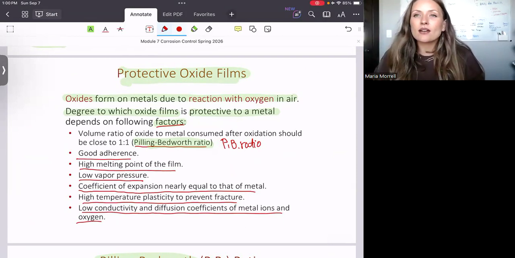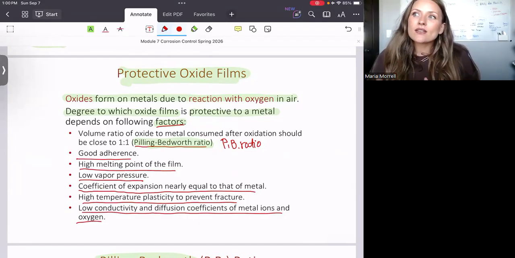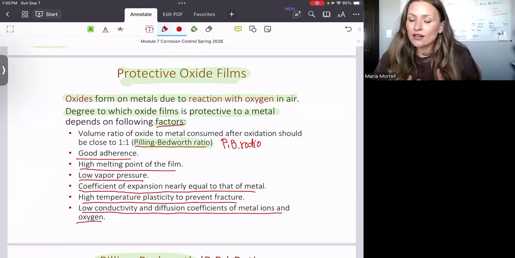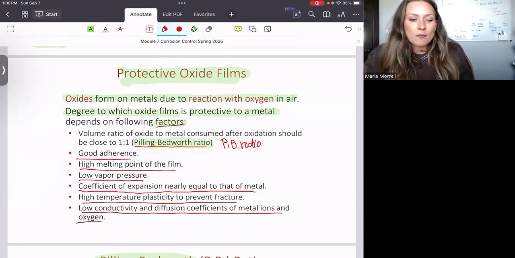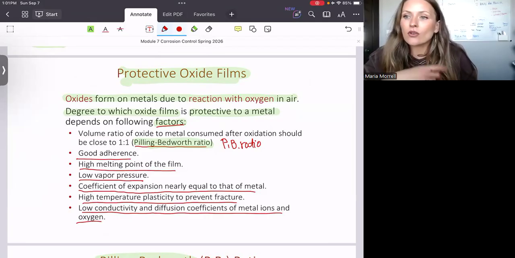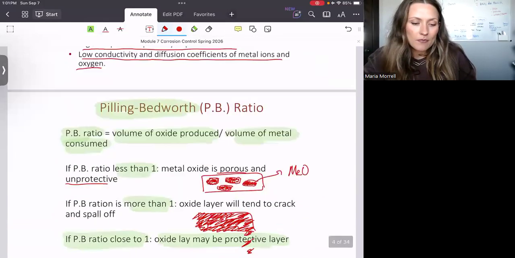So basically the less the better perhaps in this scenario, because if you go by more the better, you will end up with things that crack, things that fall off and expose your material. And of course, if you do have a scratch, right, if you have a dent, then that is going to be a big, big problem. Later on, I will actually show you examples of what kind of corrosion is going to kick in right away, okay?